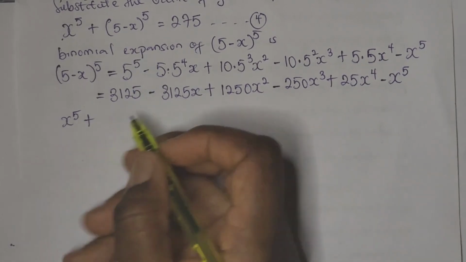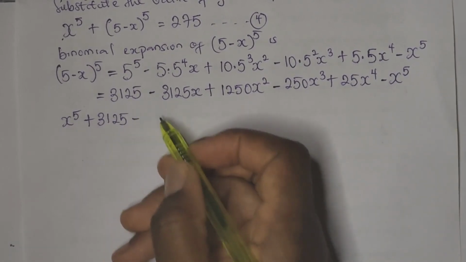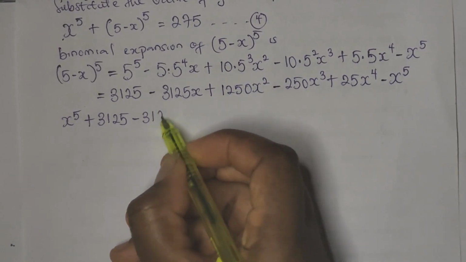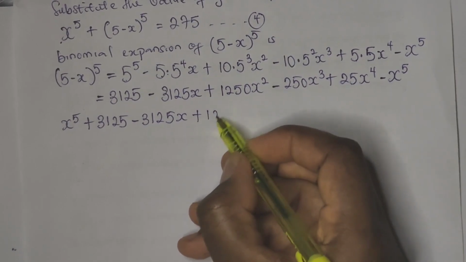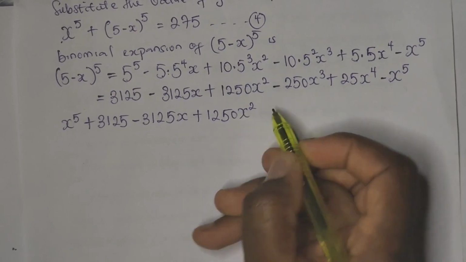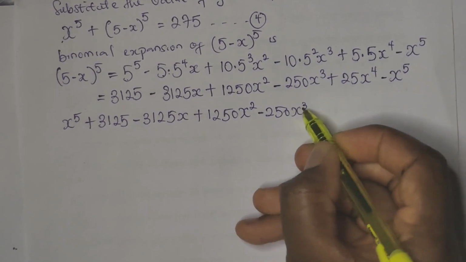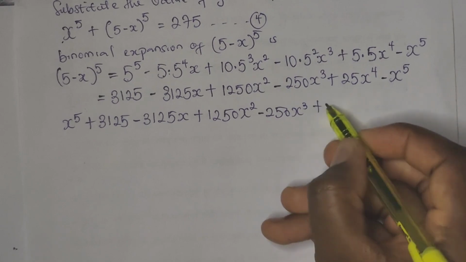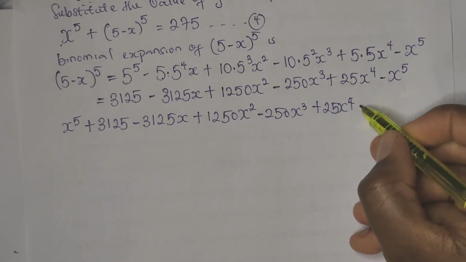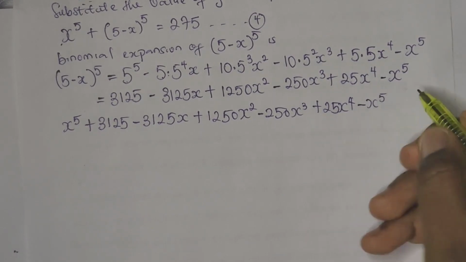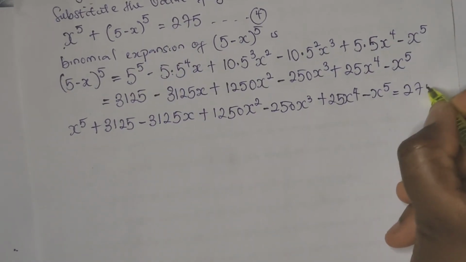This will be plus 3,125 minus 3,125x plus 1,250x squared minus 250x to the power of 3 plus 25x to the power of 4 minus x to the power of 5, all equal to 275.